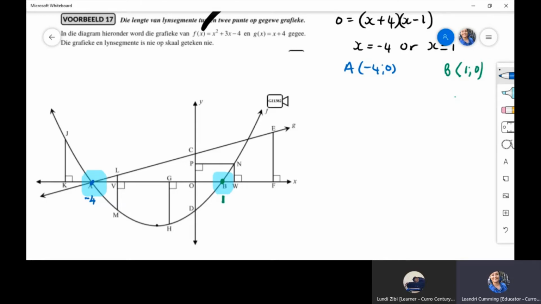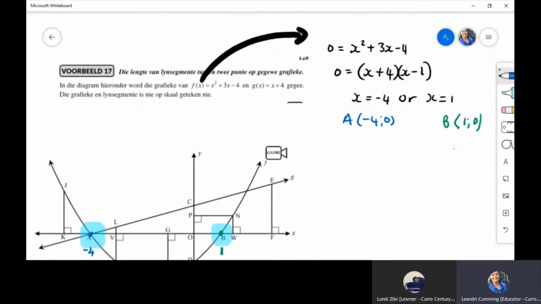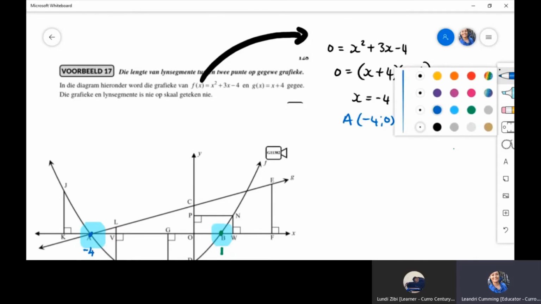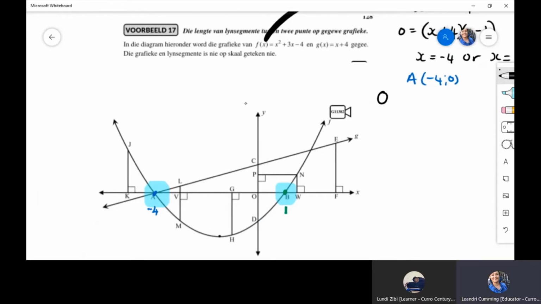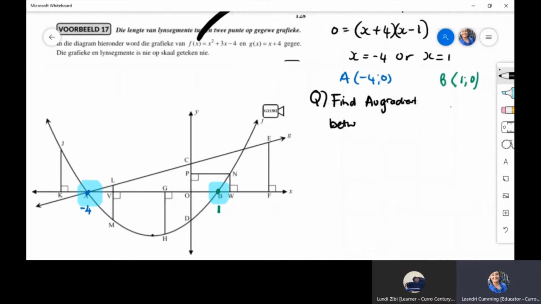I've merely solved it so that I do know what it is right now, but the process of first finding the coordinate could have been part of your answer for something like a question asking you to find the average gradient between A and B.